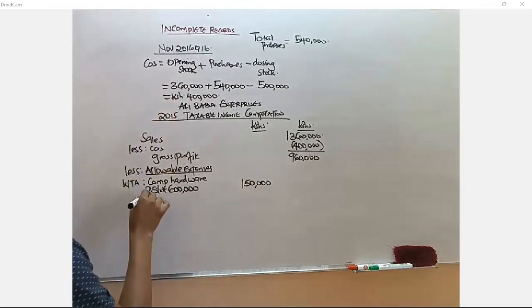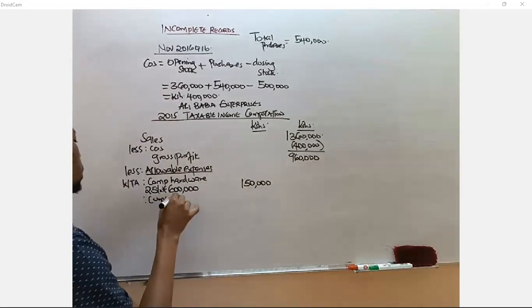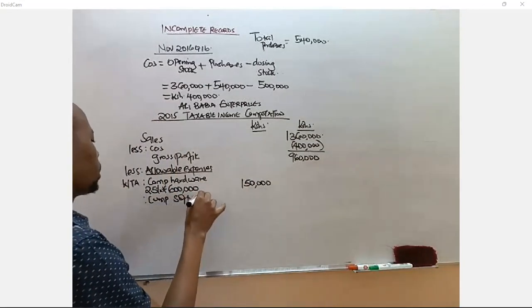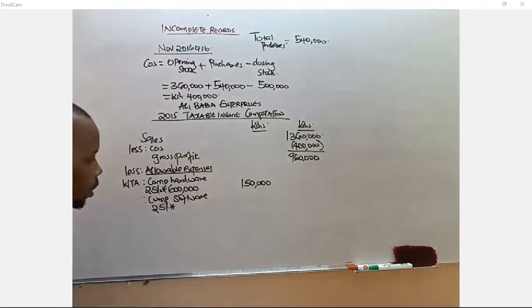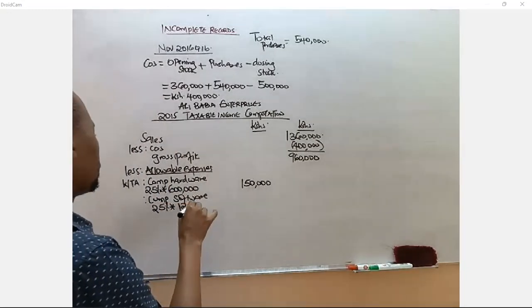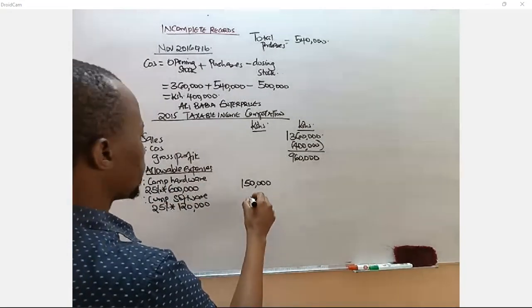Now, we also have computer software. You also do 25% of the total cost, which you have been given as 120,000. This comes to around 30,000.